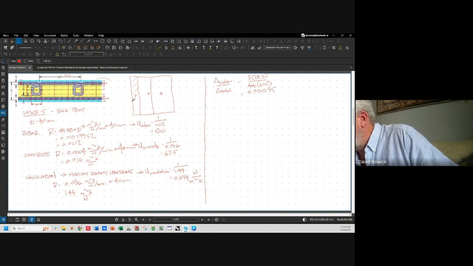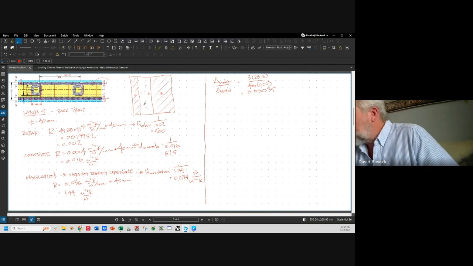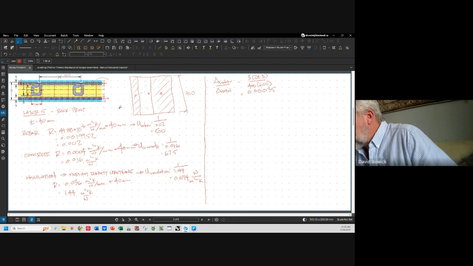I'm going to just hatch the insulation. Now I'll dot the concrete. So there's a sectional elevation. This is 400. This is 600. And this, remember from the plan, is 156.